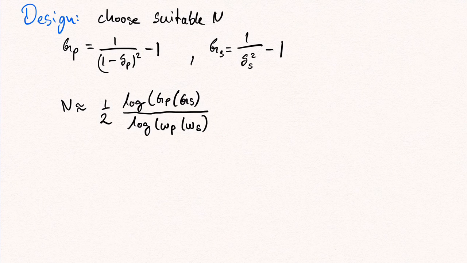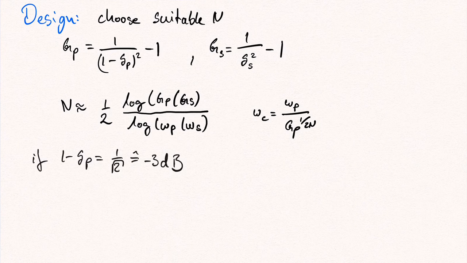In general, the cutoff frequency is given by omega p divided by Gp to the power of 1 divided by 2n. If we know that the frequency response in the passband is allowed to be as low as 1 divided by the square root of 2, which is equivalent to minus 3 dB, the formula for n can be simplified.